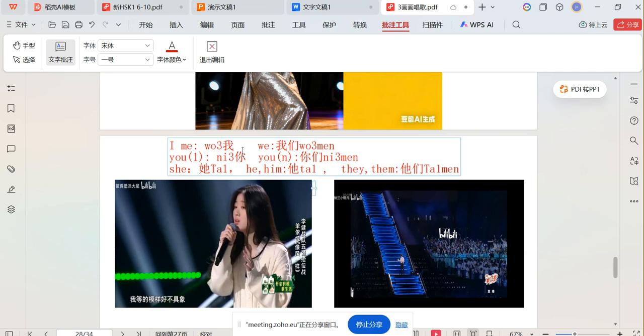So let's read those words together. 我, 我们, 你, 你们, 他, 他们。 So if it's more than one person, you can just add men after it.